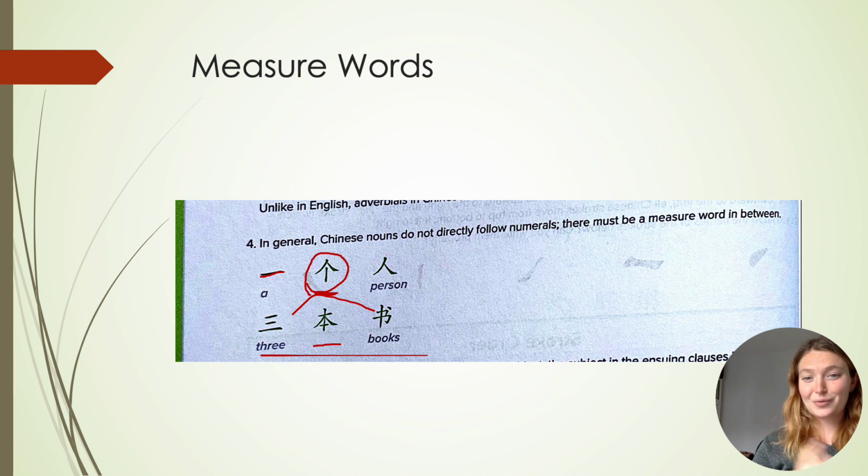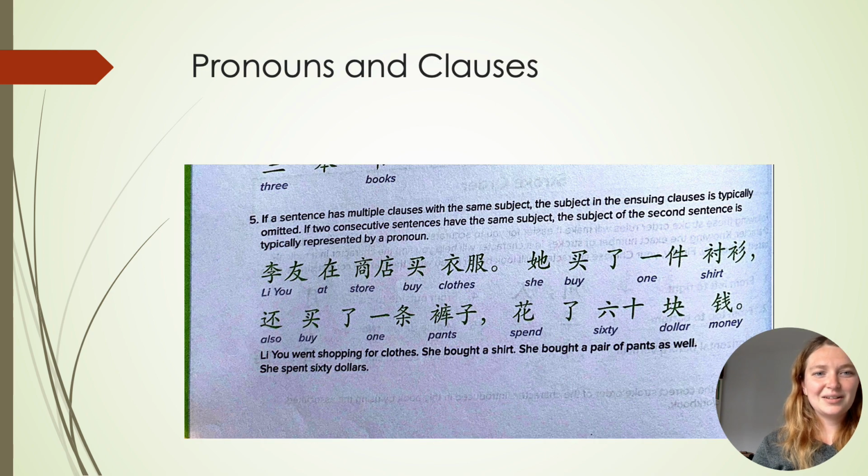There are a ton of measure words, and you don't need to memorize them all right now. We'll get to them, and they'll become more natural. But just for now, ge is your best friend, because you can use it for just about anything. All right, moving right along to two of the more complicated grammar features.